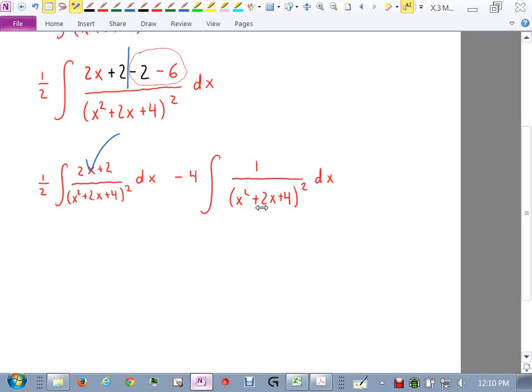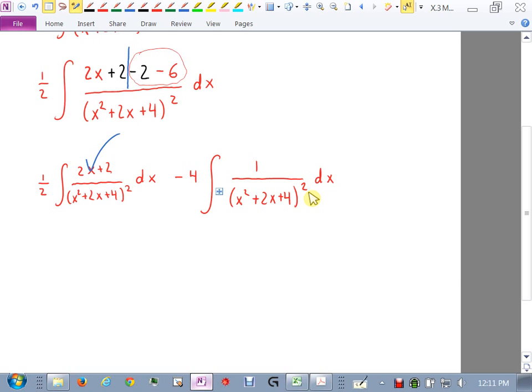How are we going to handle this? Before, if that squared wasn't there, what did we do? We completed the square and then did arctan, right? But that squared means you cannot use the arctan formula here. But should we still try and complete the square?